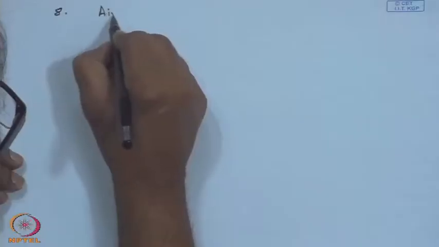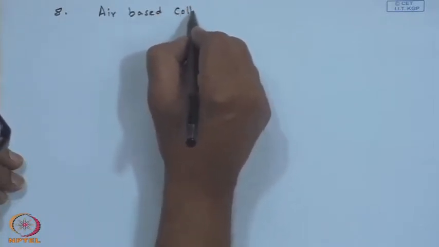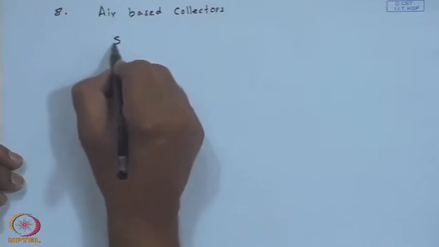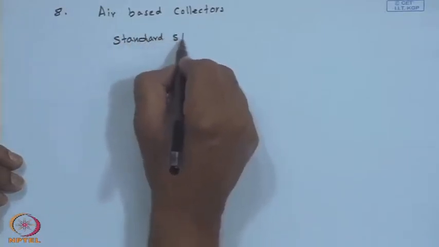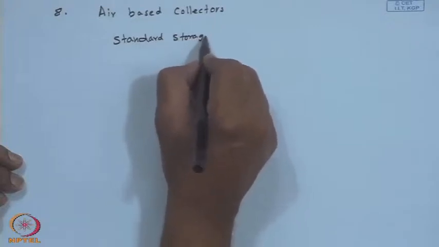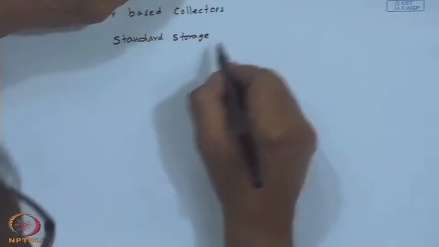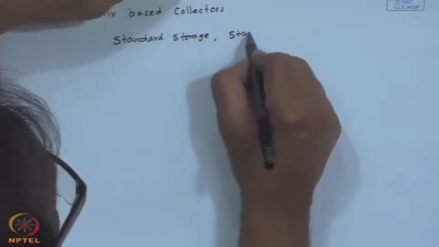So, second one is, if I use air based collectors and the standard storage, what is the standard storage? A 0.25 meter cube per meter square of the pebbles, and then standard flow rate.